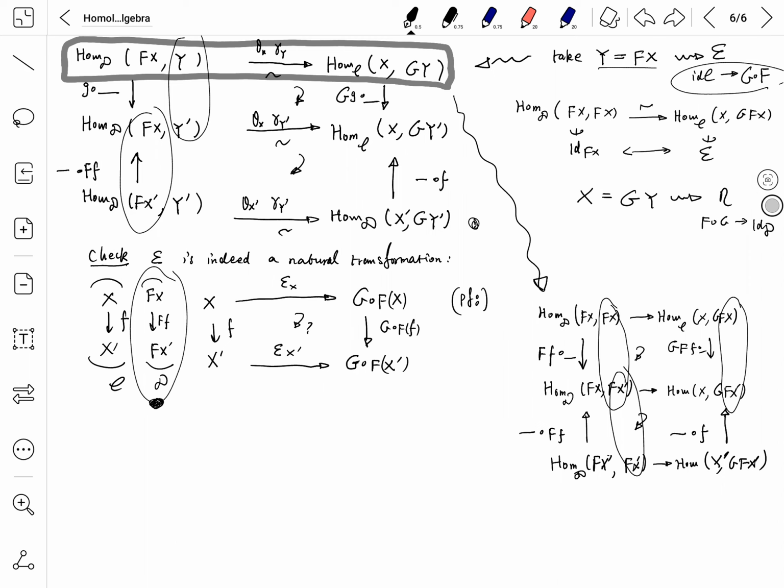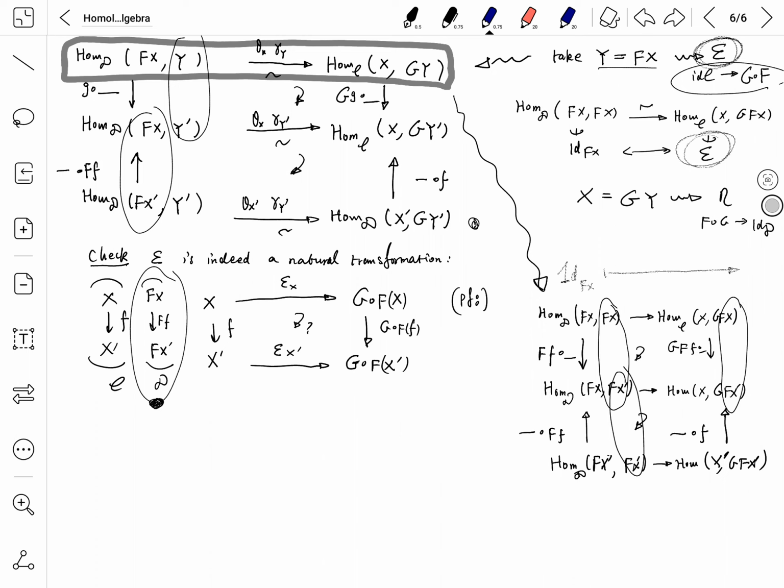But this tells us the identity of fx is mapped to how we define our epsilon, right?